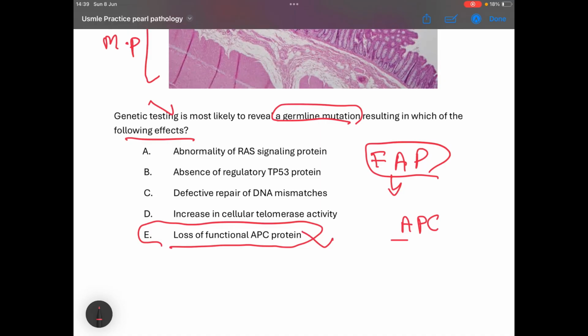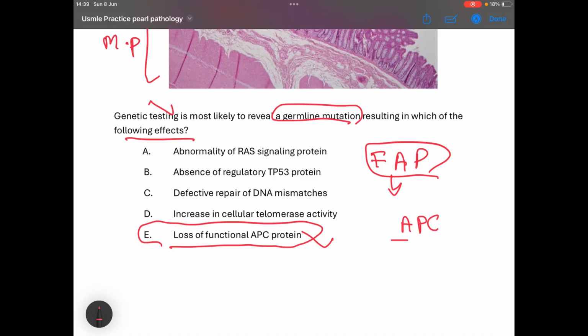These are some important points. If you know them, you can answer within seconds. This question does not test a main concept; by the history you have to get the diagnosis of familial adenomatous polyposis. Then they are asking about the genetic findings: which gene is affected in this disease.